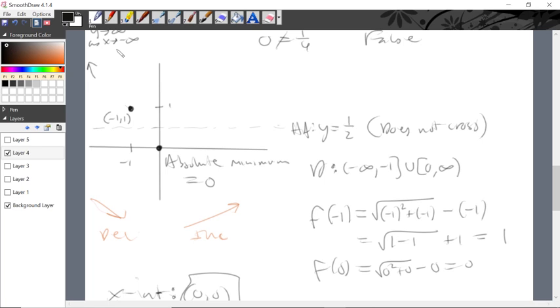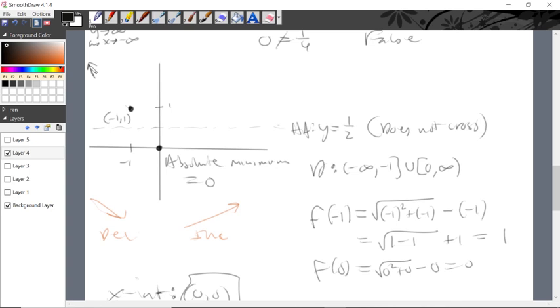So it does seem more reasonable that it's not going to do something like this, because then it would have to increase, and we would have found more critical values if that was the case. We know it is strictly decreasing, so it seems likely that it does something like this.